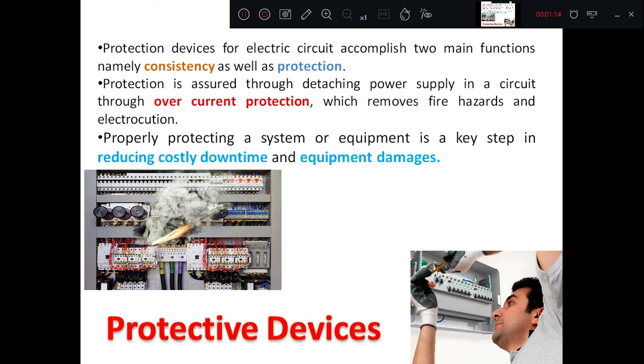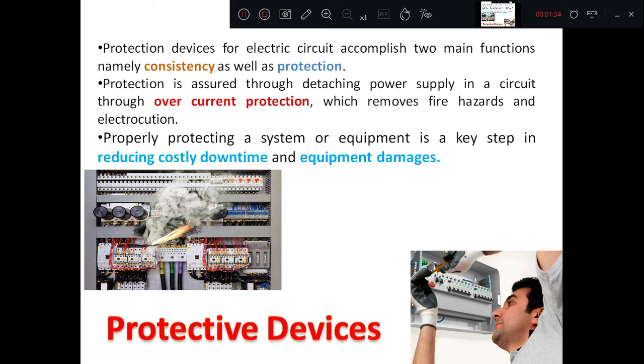Therefore, in the event of a fault, the circuit should be protected against accidental changes in the system, abnormal conditions such as short circuit, overloading of equipment, or abnormal variation of the voltages. It should be cut down so that we can protect the equipment in the system.